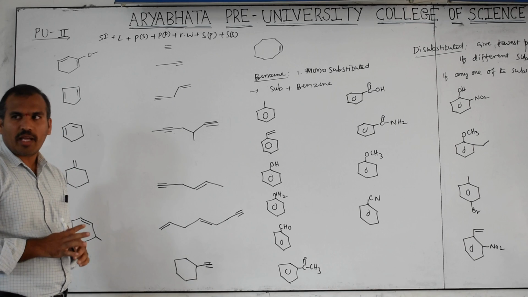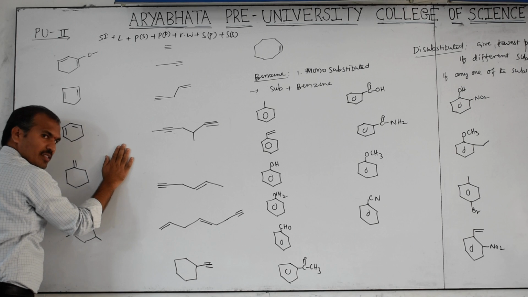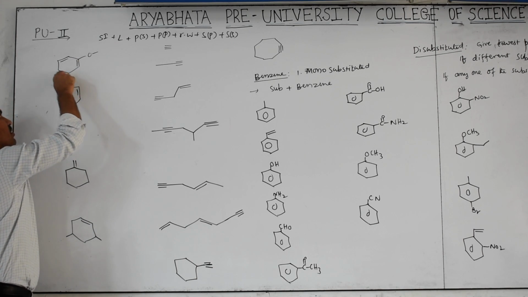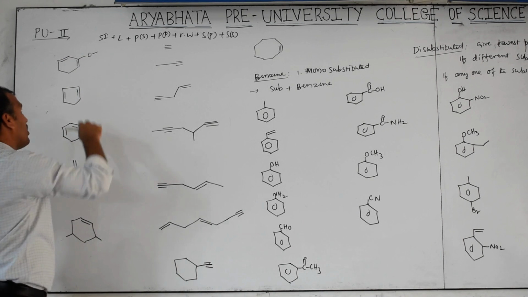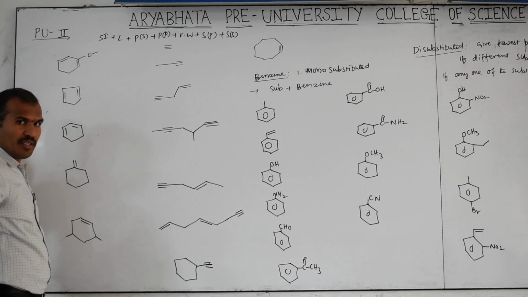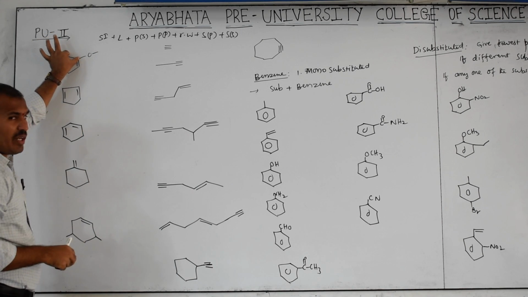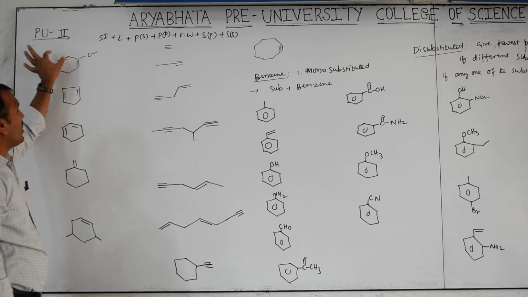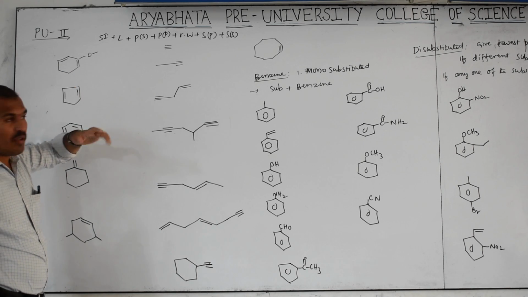Then you may think that, according to this, here 1, here 2, 3, 4, 5, 6. This is one type of numbering. Another numbering: 1, 2, 3, 4, 5, 6, like this. Another numbering: 1, 2. In this numbering, did the double bonds get consecutive numbers? No, then this numbering is wrong.